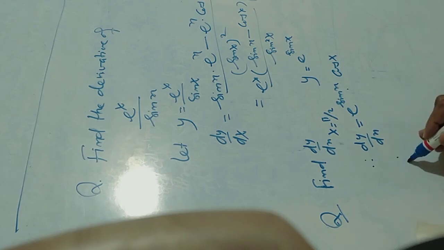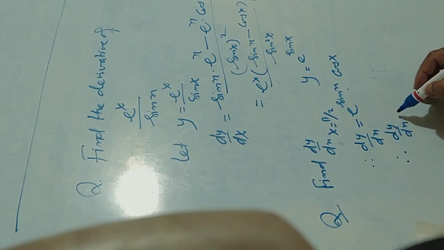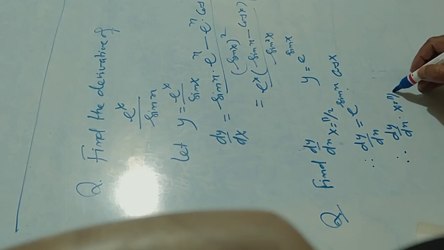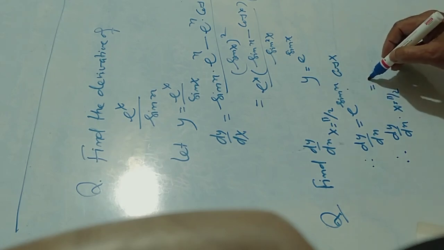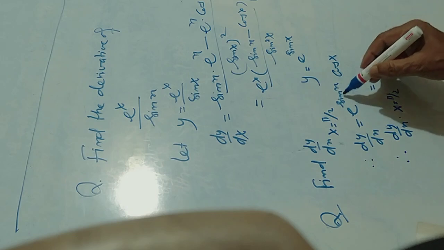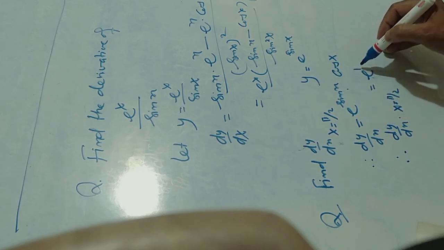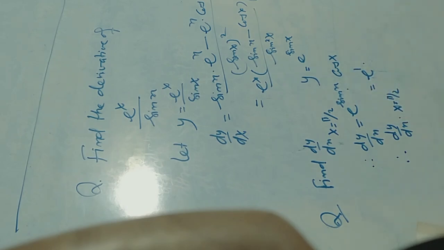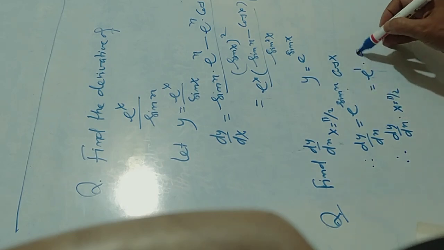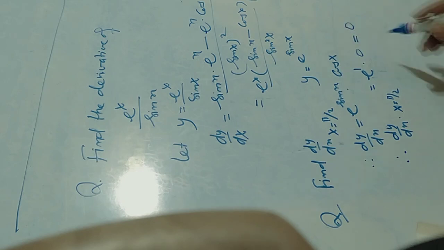Now therefore dy/dx at x is equal to pi by 2, we get e power sin(pi by 2), which is e power 1, into cos(pi by 2), which is 0, so this is equal to 0. Clear? Therefore we get the value is equal to 0.